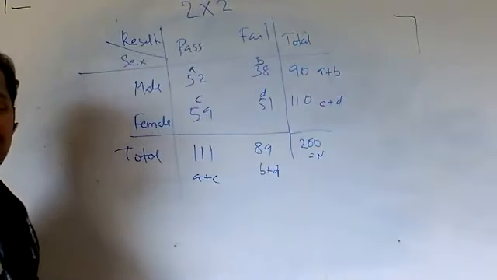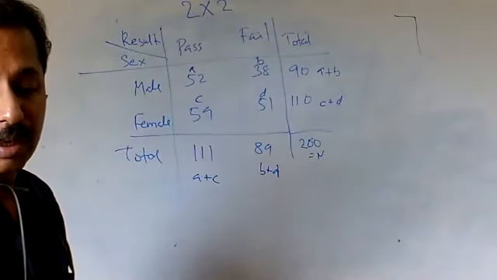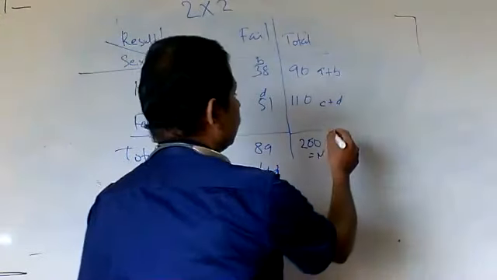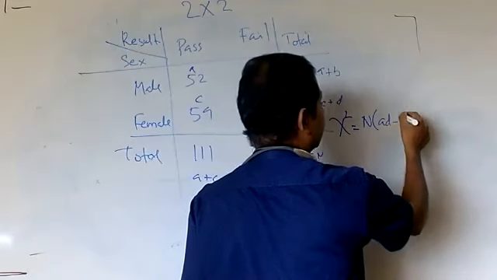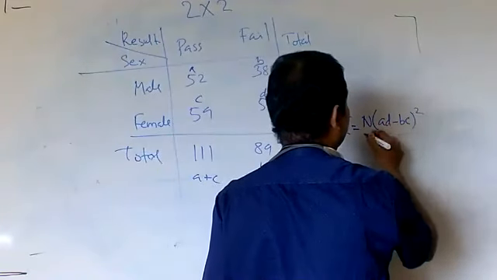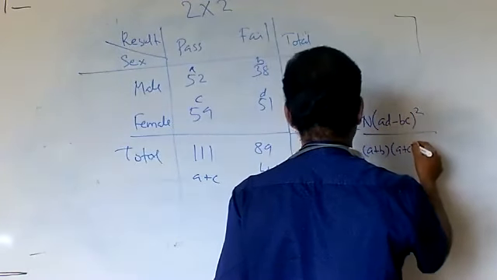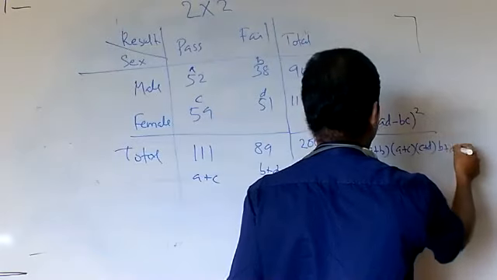So how to find out chi-square here? You use the formula. What is that formula? Chi-square is equal to N into (AD minus BC) all square by (A plus B) into (A plus C) into (C plus D) into (B plus D).